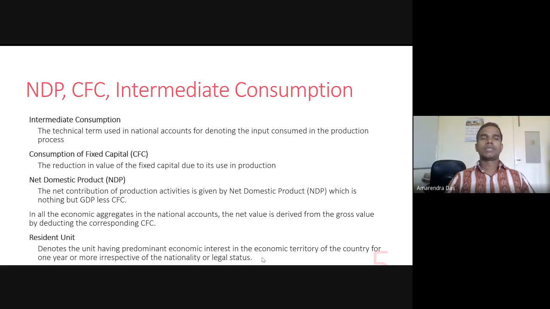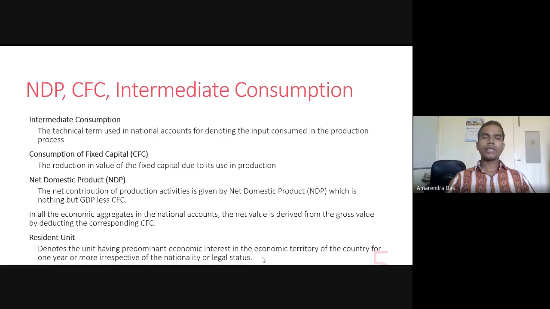Now comes the net domestic product. To get the net domestic product value, we have to deduct the depreciation value from the gross domestic product. Or you can say that we deduct the consumption of fixed capital value from the gross domestic product, and that's how we derive the net domestic product.